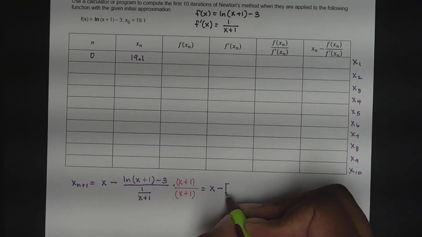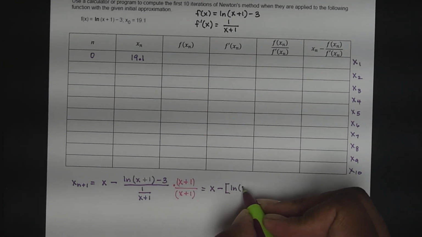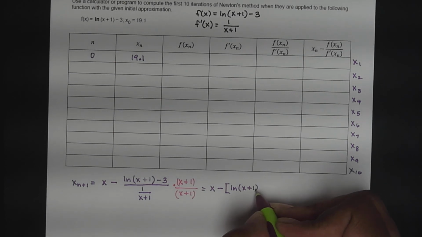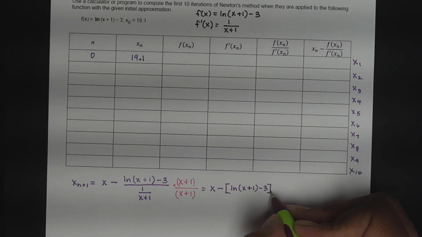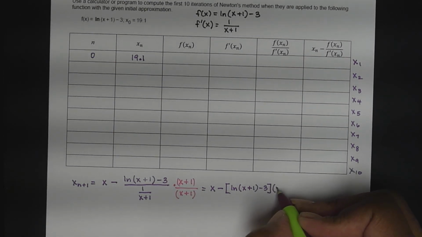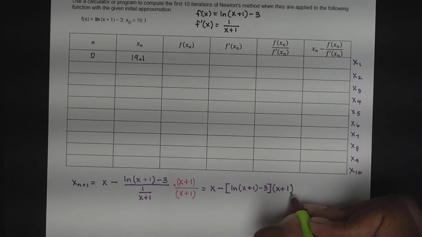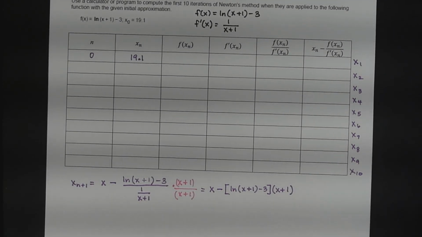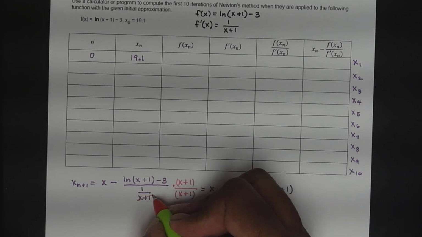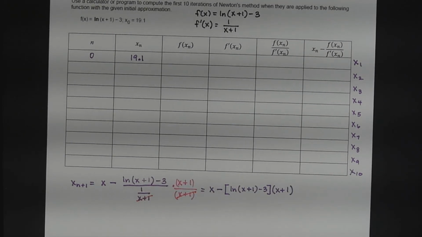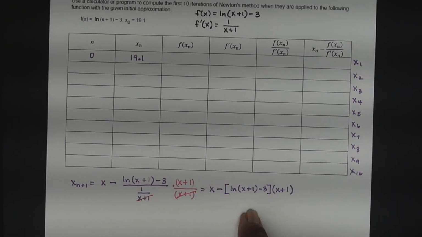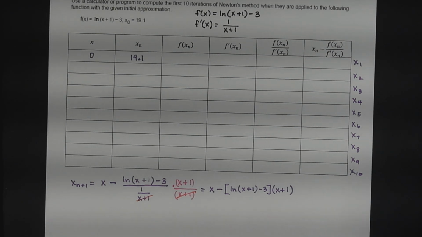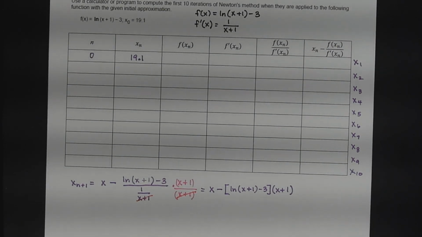Now here's what I'm going to have: the natural log of x plus 1 minus 3, multiplied by the quantity x plus 1. In the denominator, 1 over x plus 1 times x plus 1, those x plus 1's divide out, so I'll have a 1 in the denominator, and it'll just be this expression: x minus the quantity of the natural log of x plus 1 minus 3 times the quantity x plus 1.